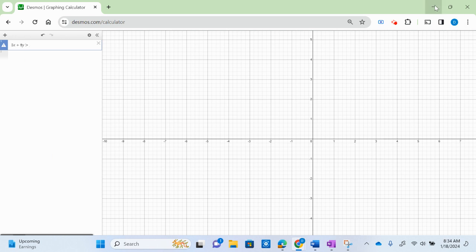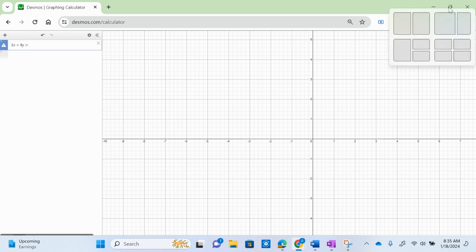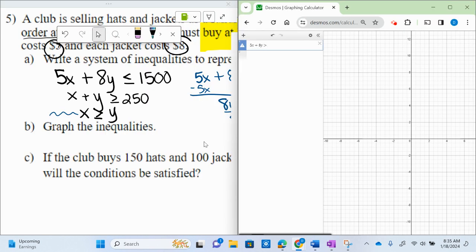It's not popping up because that would just be too easy. That's all right. So I just hit greater than or equal to 1500. So that's my first line. You can't see it yet.